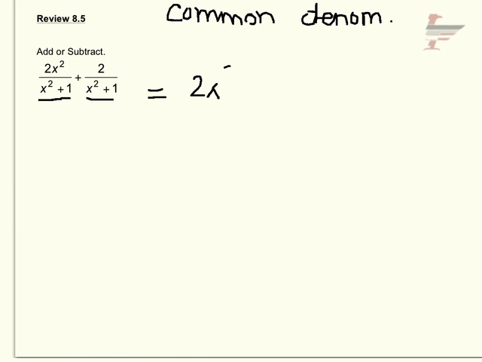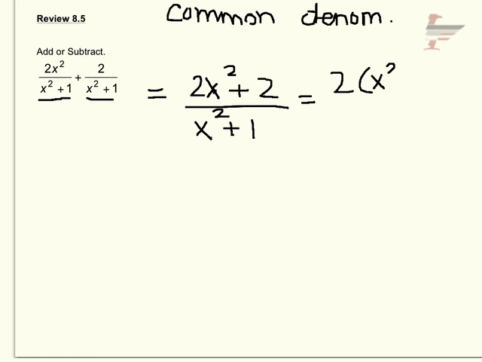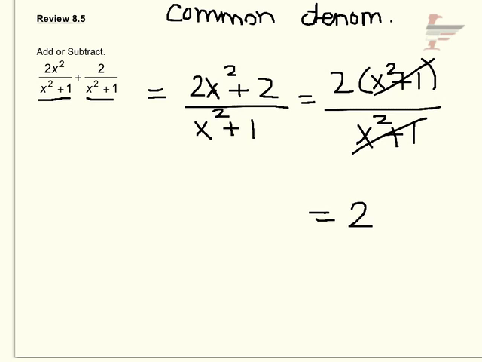So 2x squared plus 2, and that's all divided by the common denominator, which is x squared plus 1. You should always check your numerator, and notice that you can factor out a 2 from your numerator, which leaves you with x squared plus 1, which happens to also be my denominator, and they cancel out, so that really just adds to 2.